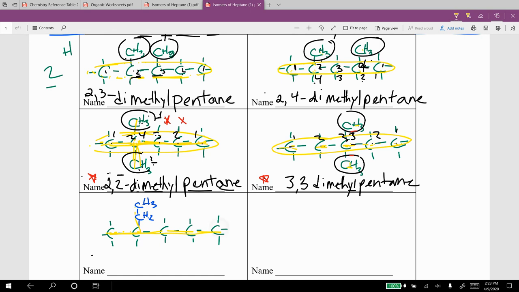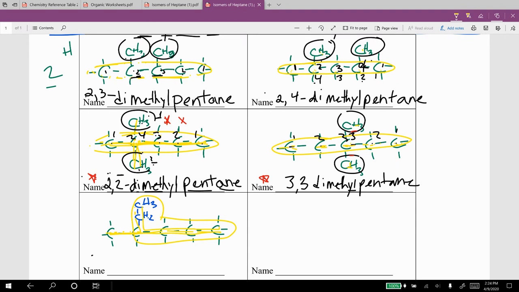Now backwards, 1, 2, 3, 4, 5, 6. So if I do that, 6 is my longest chain. I'm going to circle that because I shouldn't have another 6 carbon chain according to my hints, right?